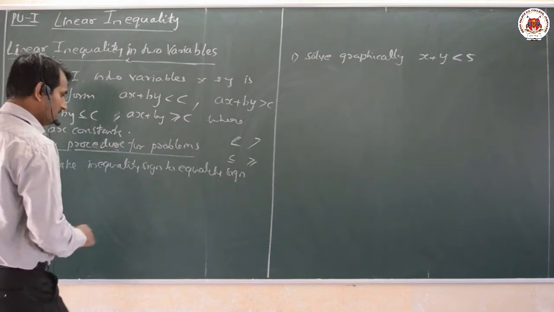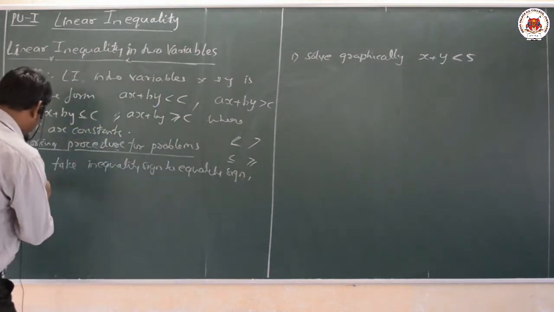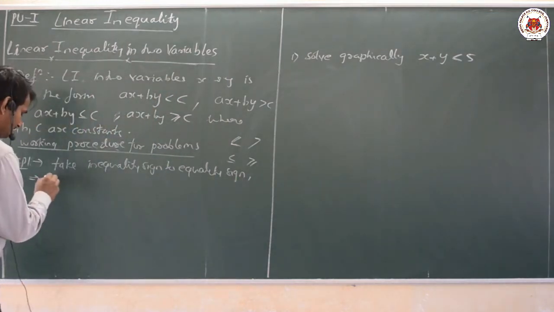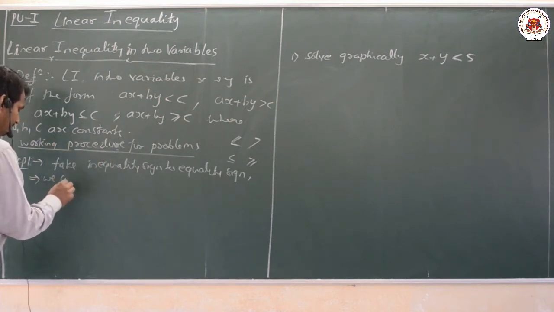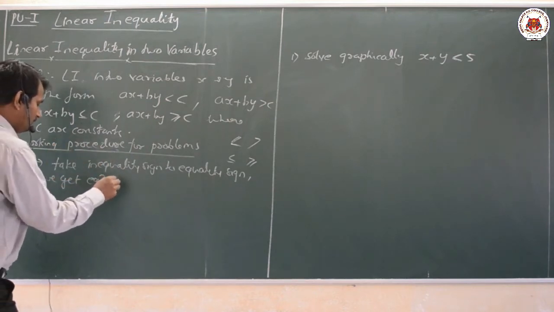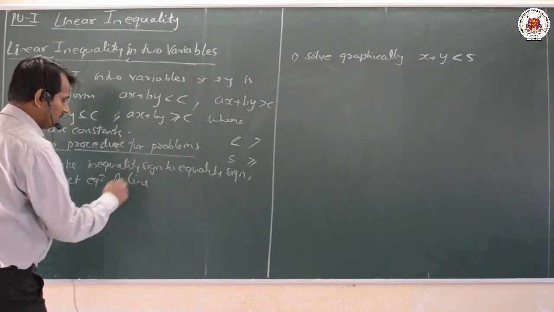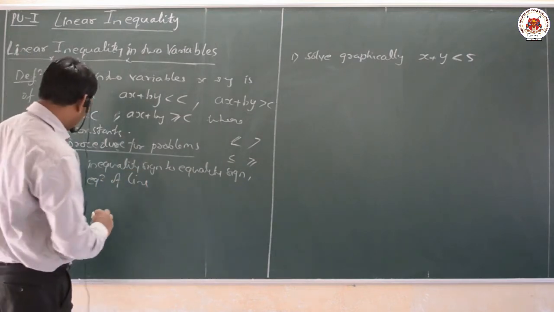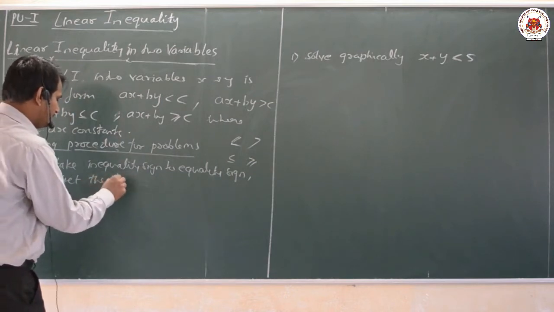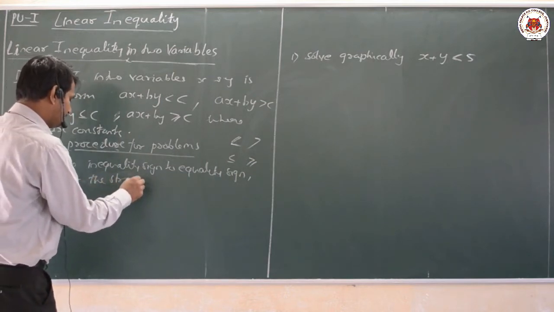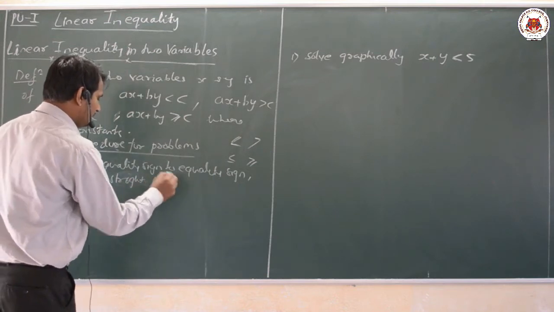Why am I doing this? Because it then becomes an equation of a straight line. We get the equation of a line, that is, we get the straight line. This is the first step.